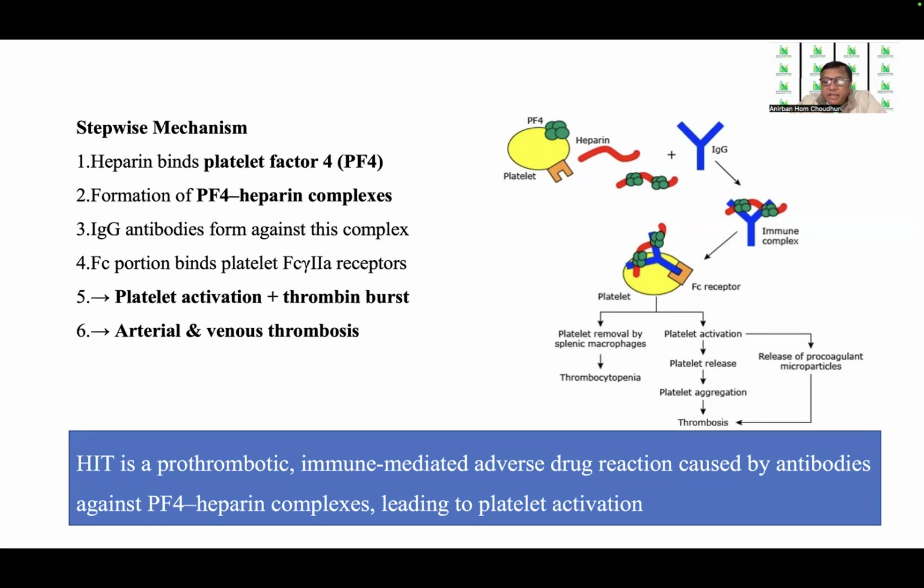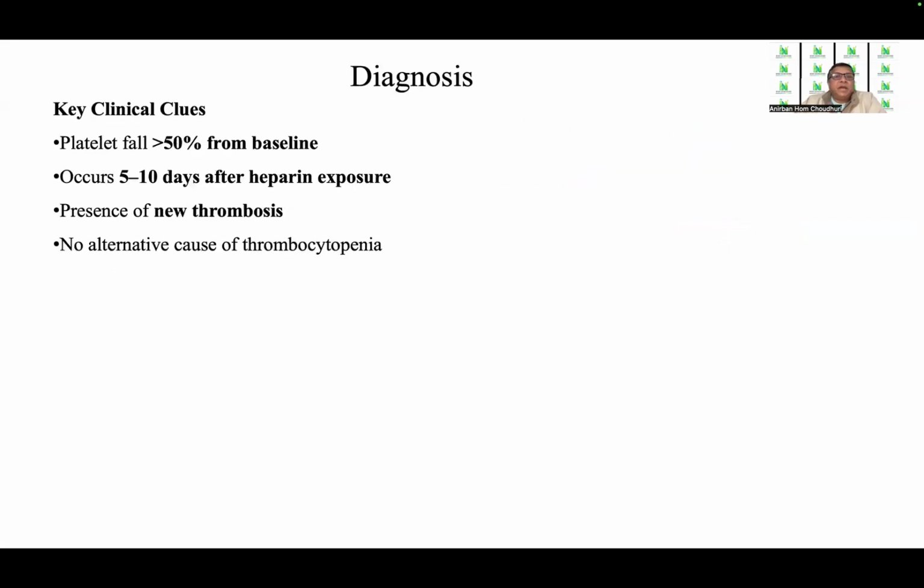So, HIT is a prothrombotic, immune-mediated adverse drug reaction caused by antibodies against PF4-heparin complexes, which leads to platelet activation. And to diagnose that, we have to look into the key clinical clues that are available in the patient. That is, the platelet falls more than 50% from the baseline, which happened in this patient. It occurs usually 5 to 10 days after the heparin exposure.